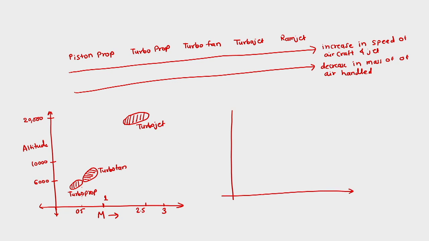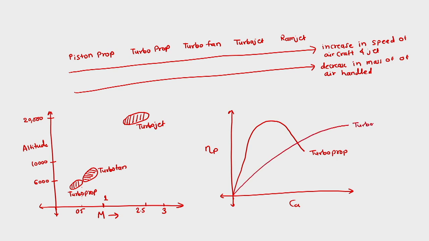Further, if we plot propulsive efficiency versus flight speed, then we can see that the propulsive efficiency is like this for turboprop engines, but turbojet engines would have this kind of propulsive efficiency trend, and then we have two trends for the turbofan engines.